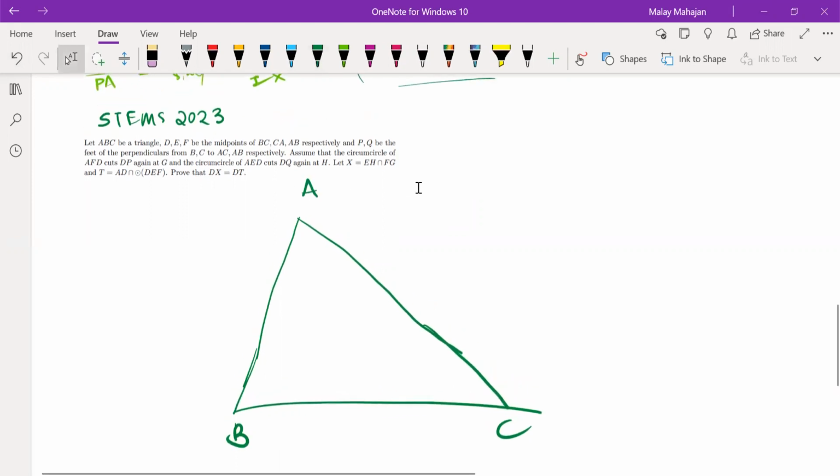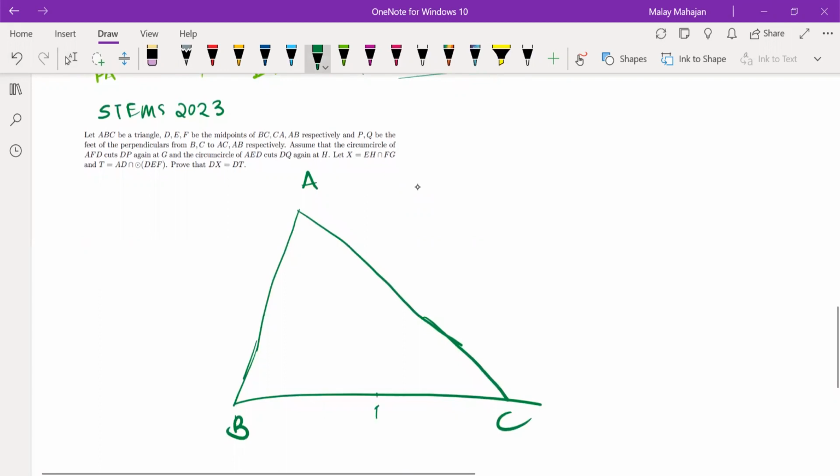ABC. E, F, perpendiculars from P and Q will be the orthocenter.